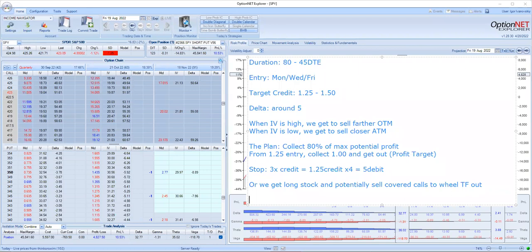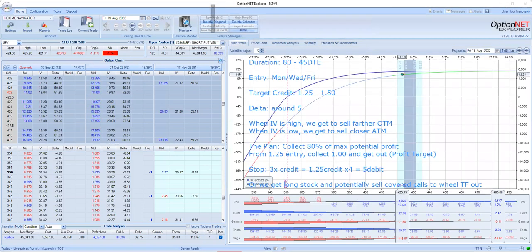So Rob is asking, what is the success rate? So based on, hang on one second.